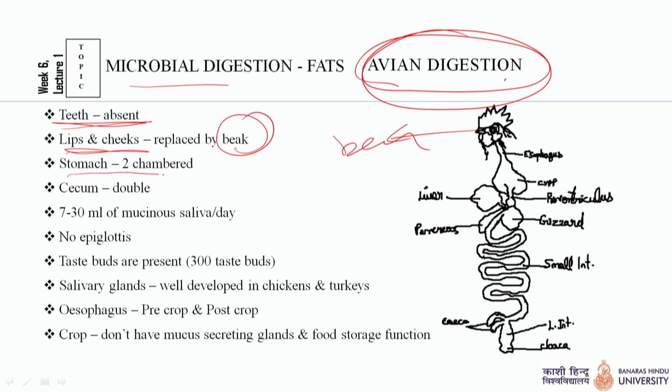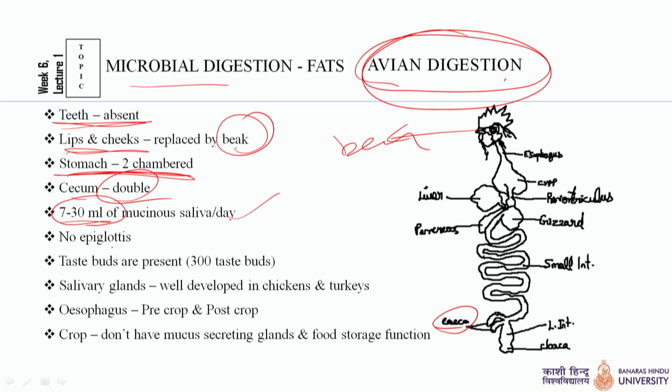Then the stomach is two-chambered in birds. We'll see what those are: one is the proventriculus, and the other is the ventriculus, the gizzard. Then the ceca are also double in nature, and birds can produce around 7 to 30 ml of saliva per day.